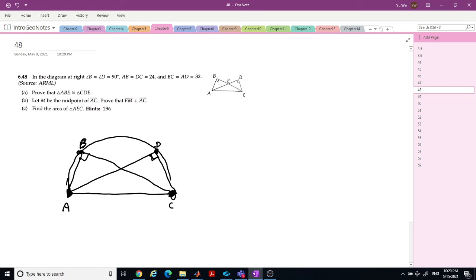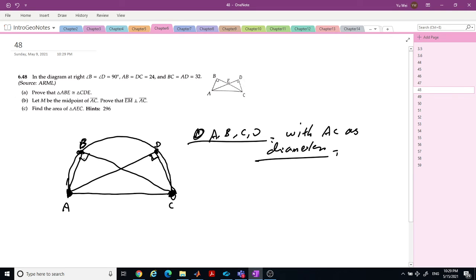They must be on a circle, so A, B, C, D are concyclic, okay, with AC as diameter. Okay, so that's why you have these two right angles. And also we have AB equals CD, 24 and 24, right?